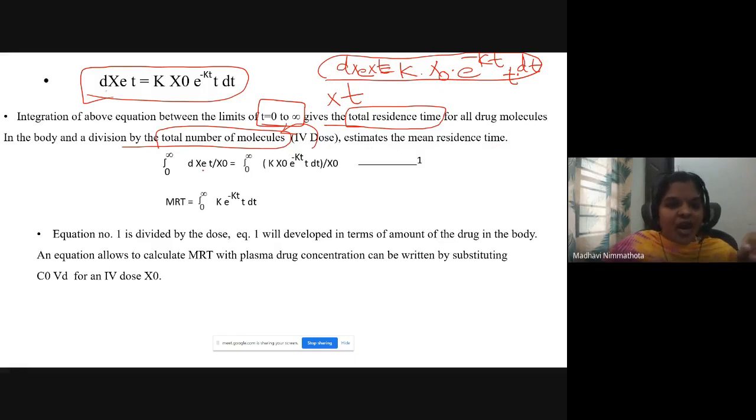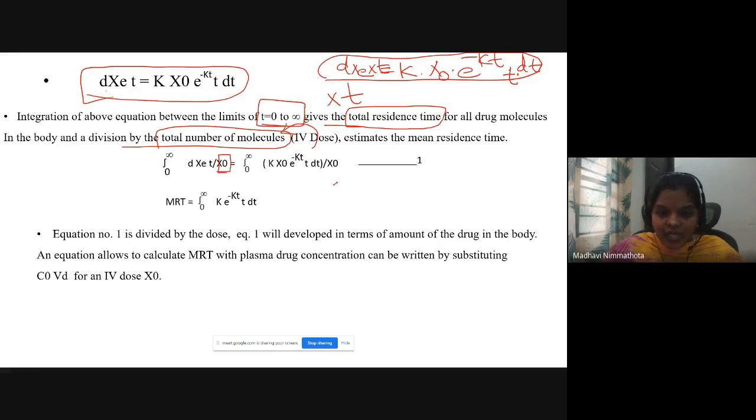Then you have to divide this equation along with the integration. First you write this equation, then you integrate it along with the division by X naught. X naught is the total number of molecules here.